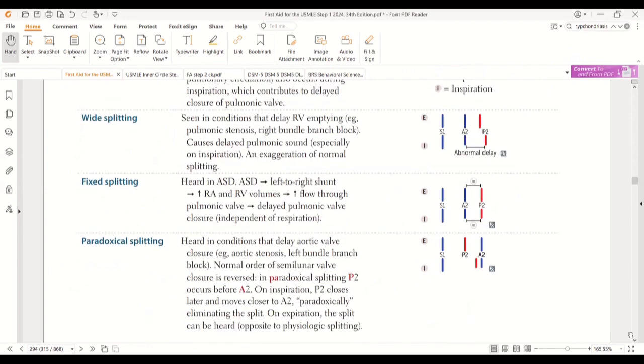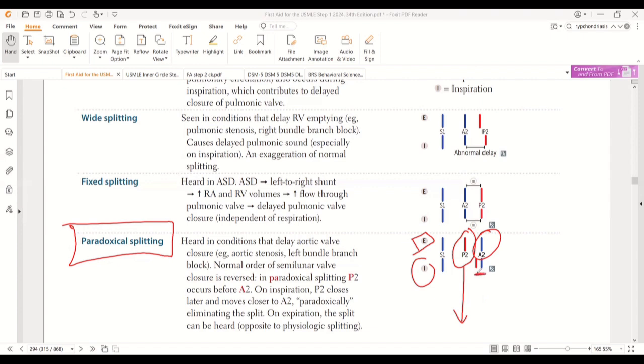So what is paradoxical splitting? Here there is delayed aortic valve closure. Paradoxical splitting is the reverse of the normal: the pulmonary valve closes before the aortic valve on expiration. And what happens on inspiration?